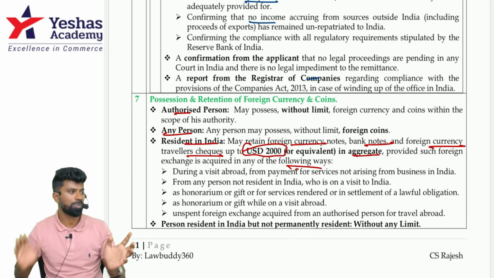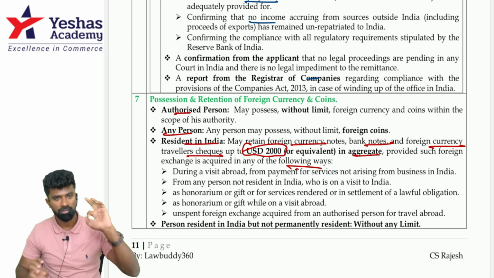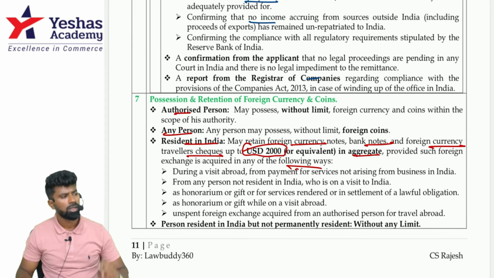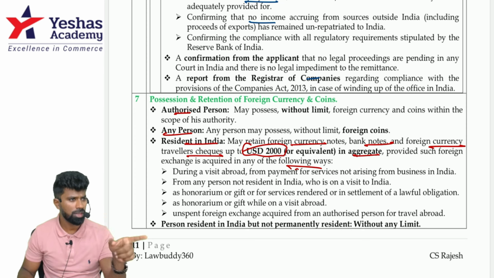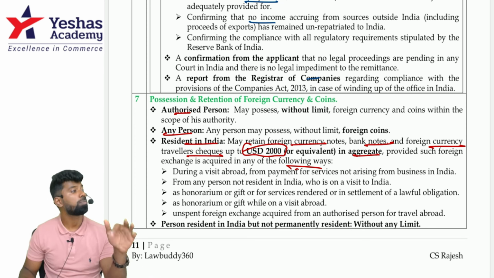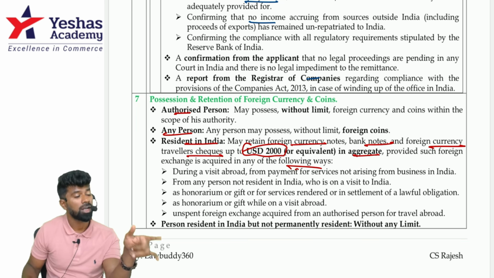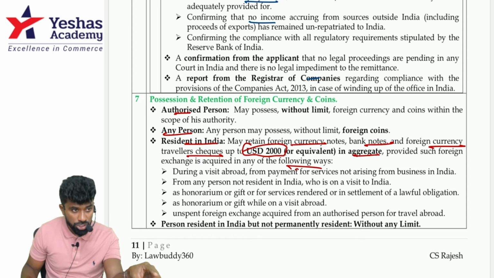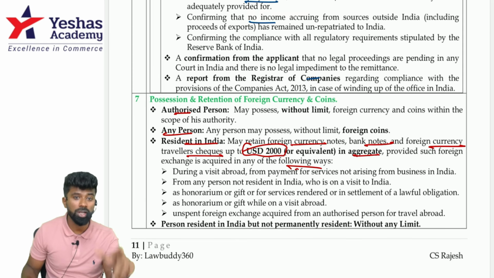First, authorized person: with or without limit? Without limit. Any person, foreign coins: without limit. Any person resident in India can keep foreign exchange up to how much? 2000 US dollars.